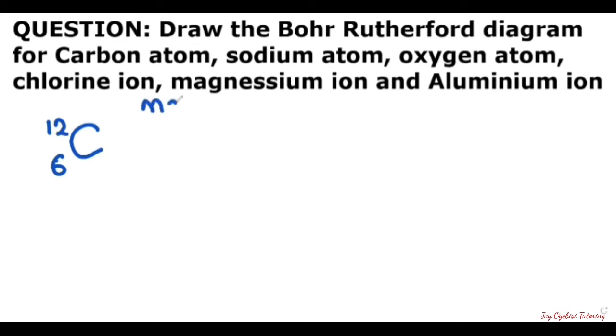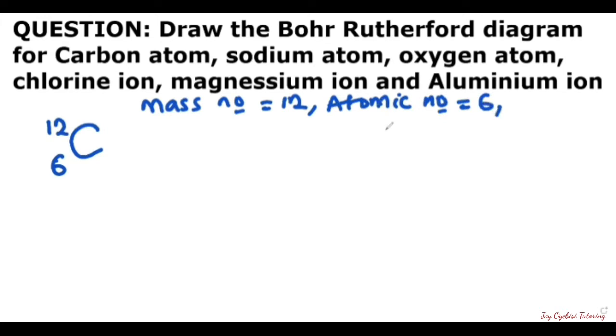So we have mass number equals 12, atomic number equals 6, and note that atomic number is the same thing as number of protons, and also it equals the number of electrons in a neutral atom.